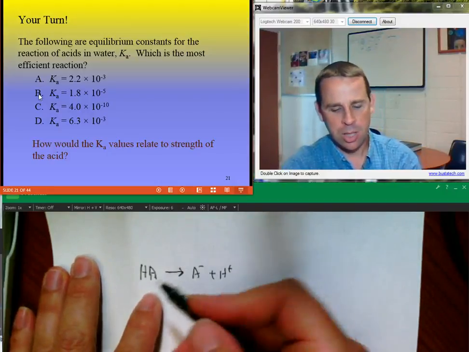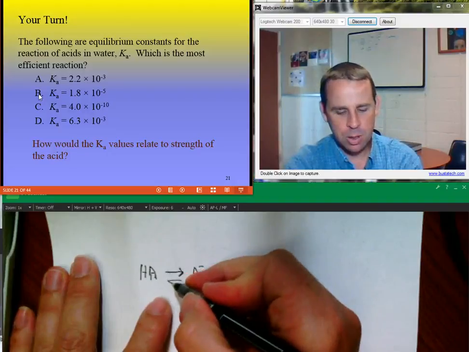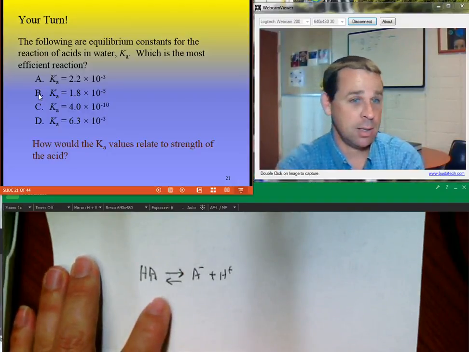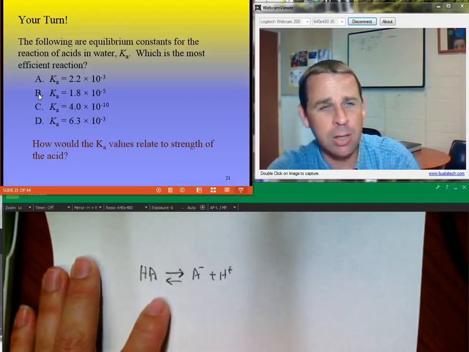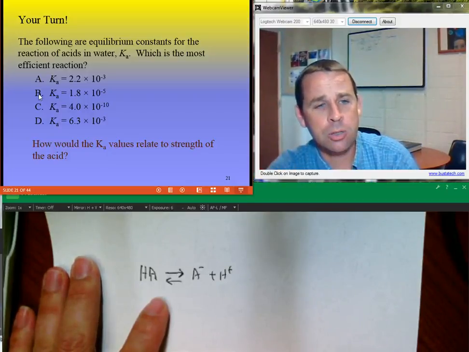So here's the acid, here's its dissociated form. It's in equilibrium though, because there's a Ka associated with it. Ka refers specifically to the dissociation of an acid. Ka is the equilibrium constant for that acid.